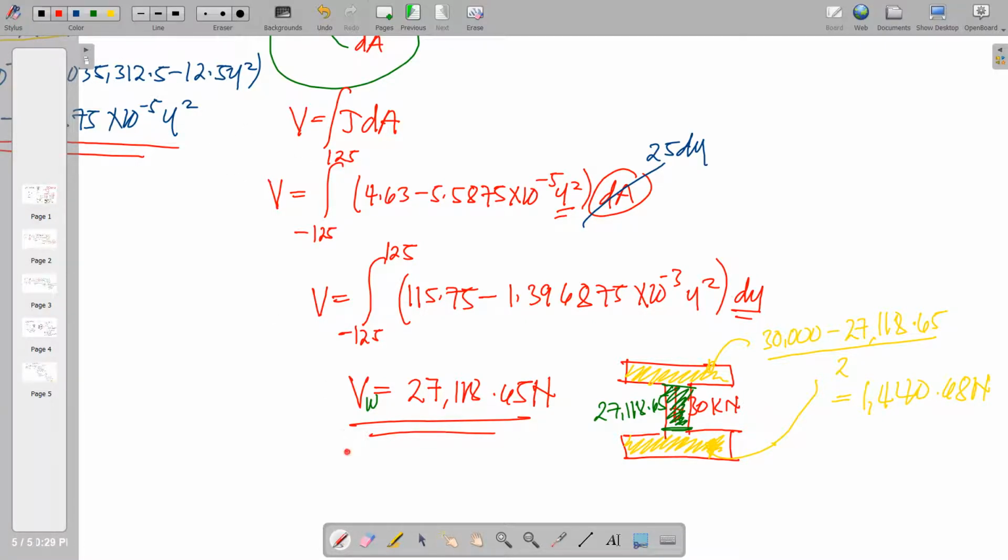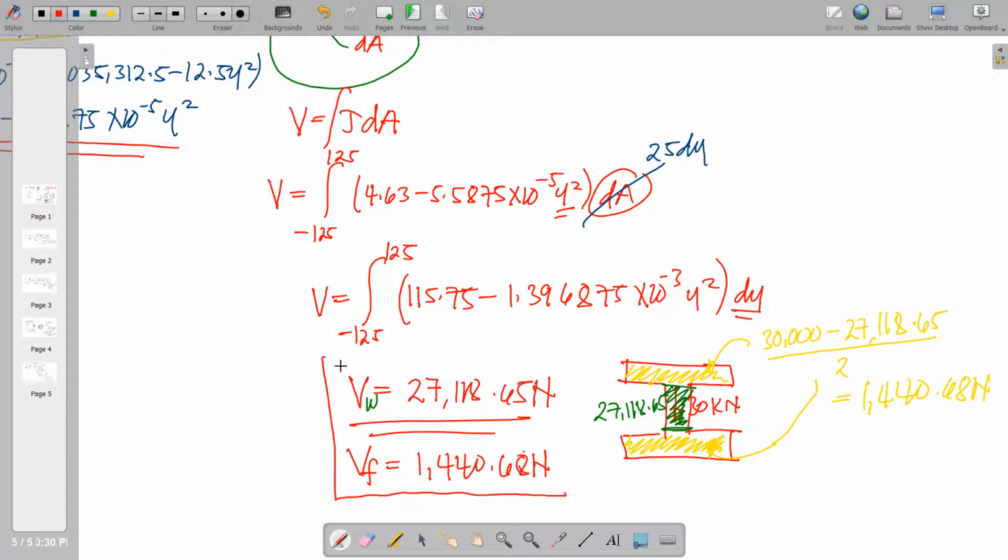Hence, we can see that the shear on the flange will be equal to 1,440.68 Newton. So the distribution of the shear is this.